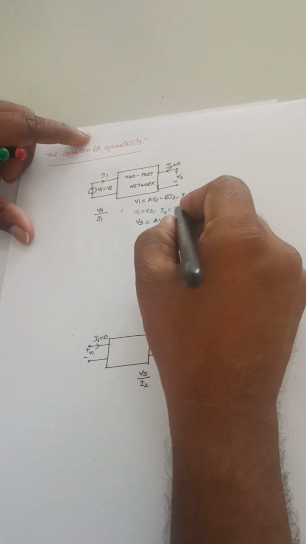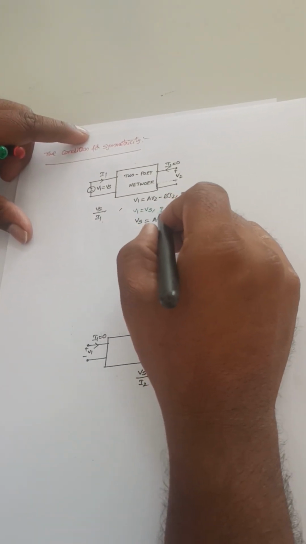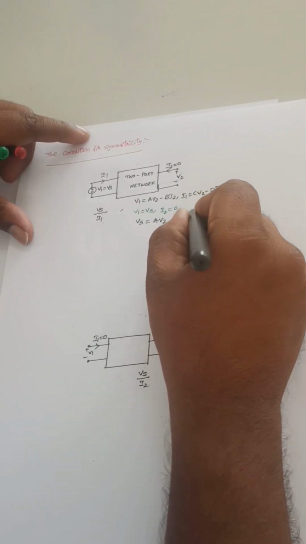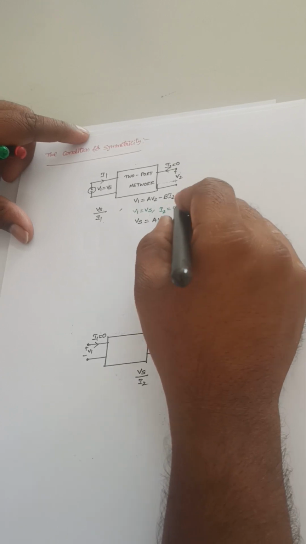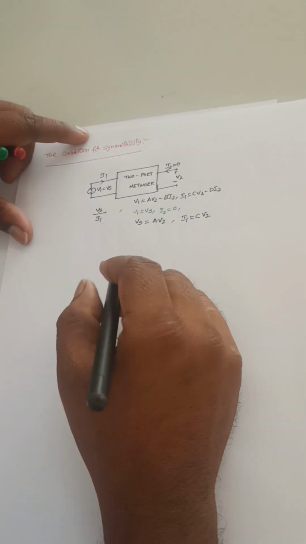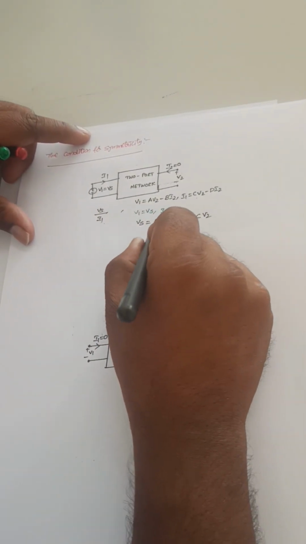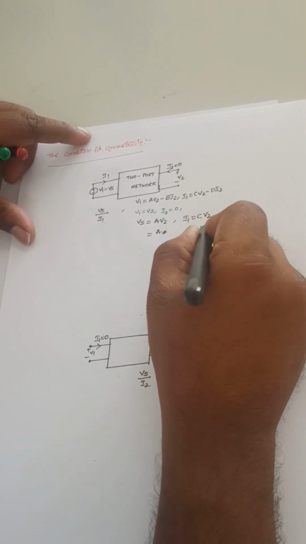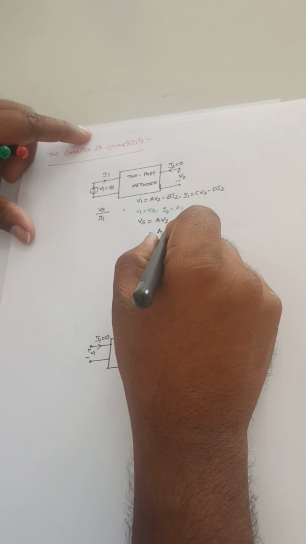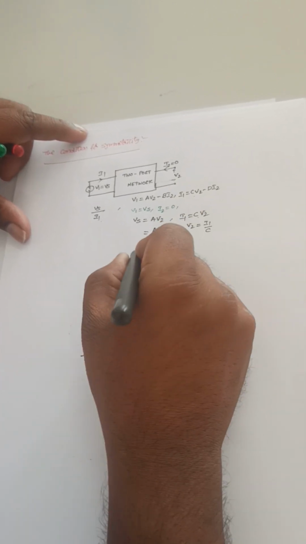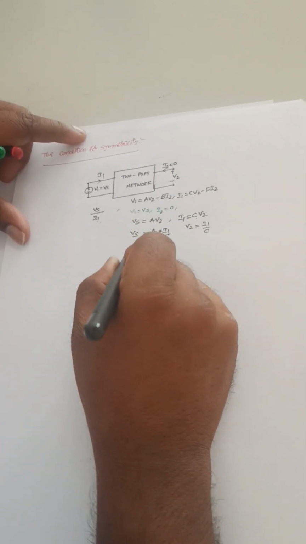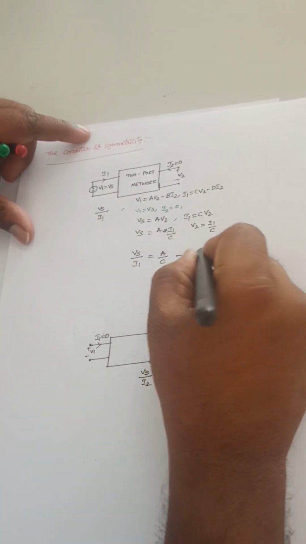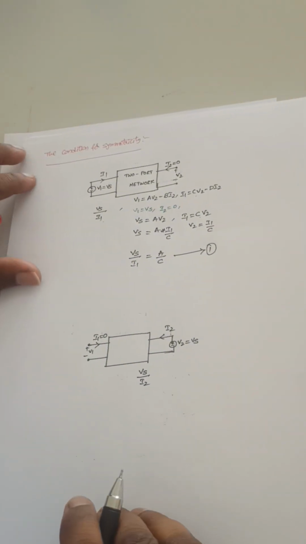No. Now substitute these values in this expression. Now it is I1 is equal to CV2. So V2 is equal to I1 by C. So it is Vs equal to A into I1 by C. From this, Vs by I1 is equal to A by C. Let us represent it as equation number 1.